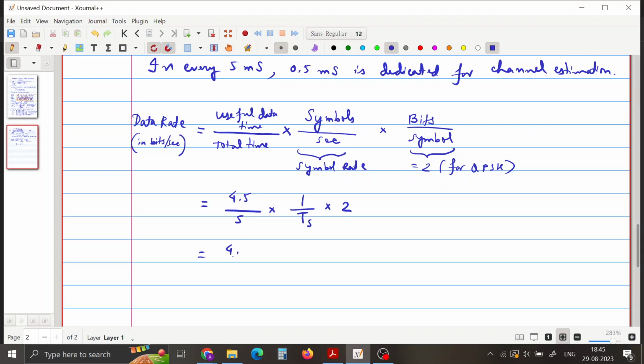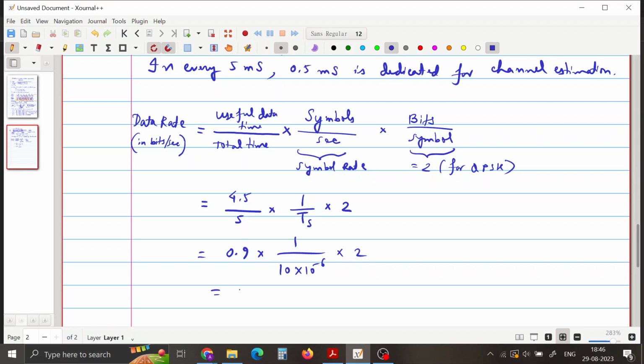So 4.5 by 5 is 0.9, times 1 by TS, which is 10 into 10 to the power minus 6 seconds, times 2.